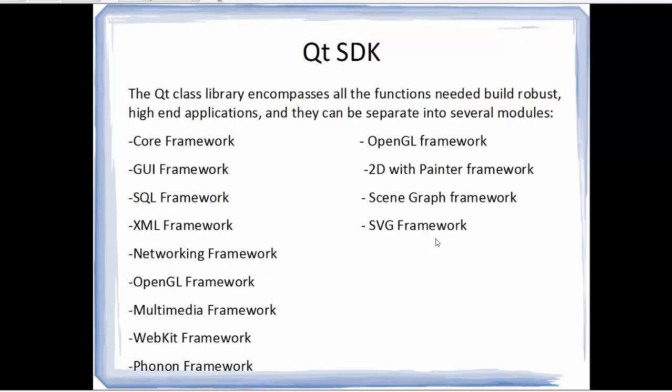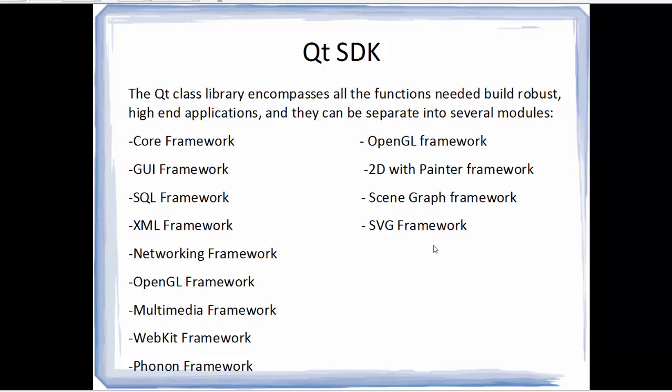Okay, now let's talk about Qt SDK. The Qt class library encompasses all the functions needed to build a robust high-end application, and they can be separated into several modules. So these are the modules which are part of the Qt SDK framework, but this is not an exhaustive list of frameworks.